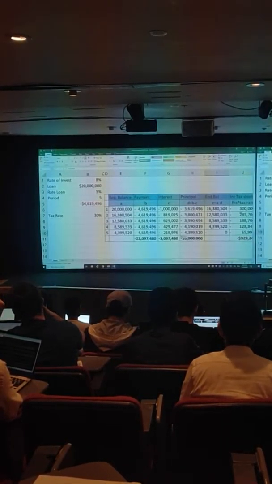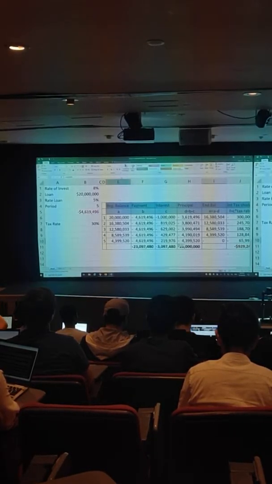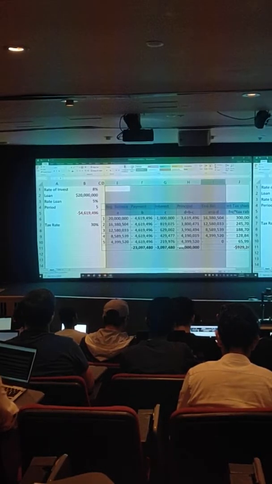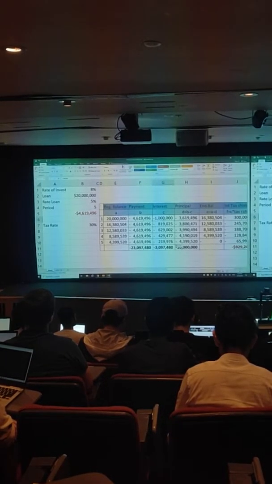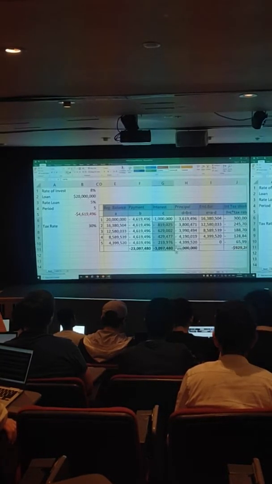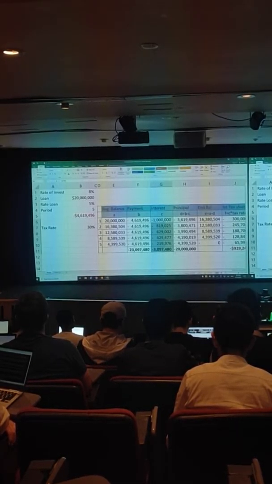So now step 2 of what I've told you before. This is just a basic calculation. The reason why you have to do this calculation is because we want to know how much is this expense, because this is what we're going to use to calculate how much tax we saved.